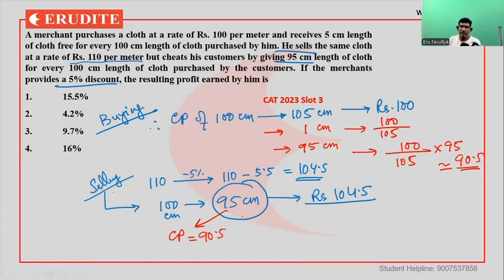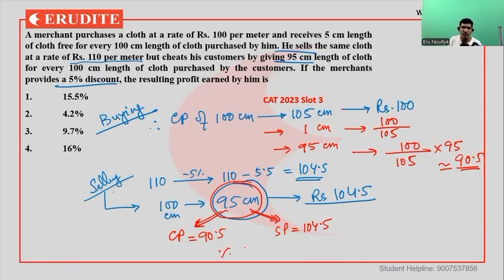Therefore, for 95 centimeters, his cost price is 90.5 and his selling price is 104.5. So for the same cloth, 95 centimeters, the cost price is this and the sales price is this.